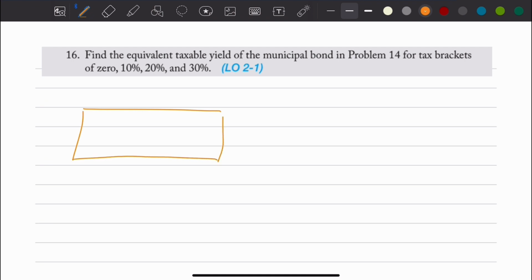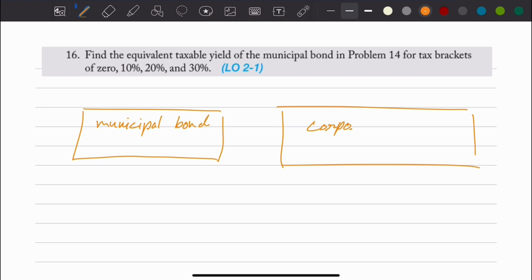So here, let's say this is a municipal bond. And let's say this is a corporate bond. The municipal bond, as we have explained in class, is tax exempt.